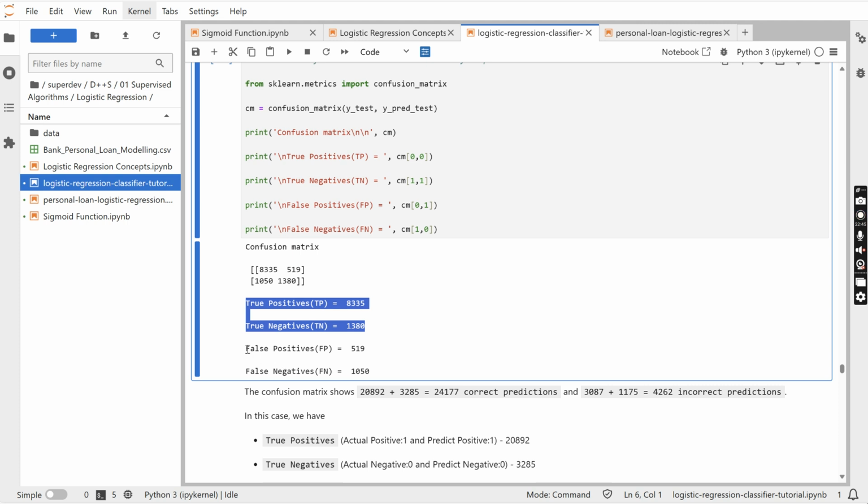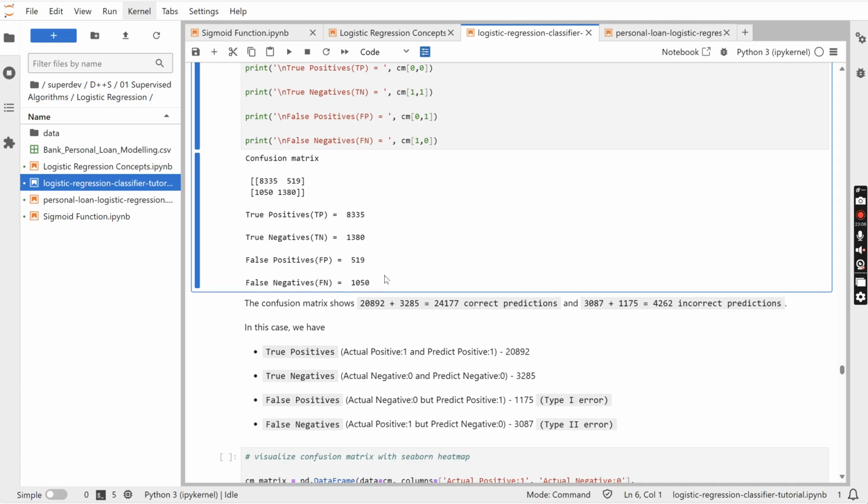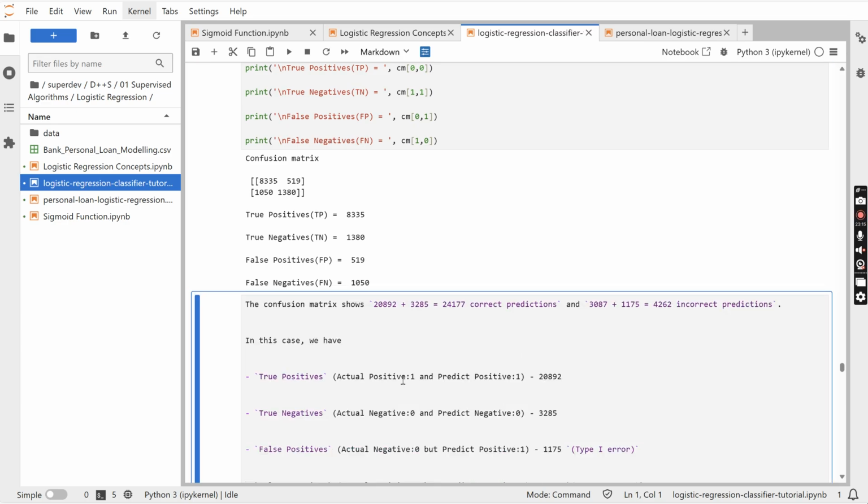False positive means 519 times the model said it is going to rain, but it did not rain. False negative means 1,050 times the model said it will not rain, yet it rained. That is what we are calculating. Now you have to get one thing correctly here: your actuals versus predicted.